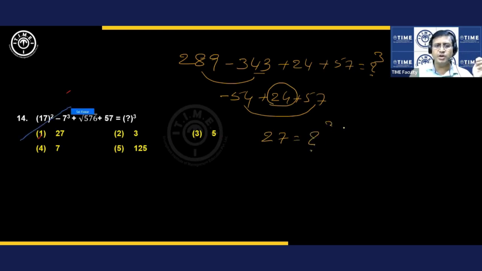Question mark cube is equal to 27. What is the value of the question mark? Question mark is equal to 3. Right choice, option number 2. Second choice is the right answer.